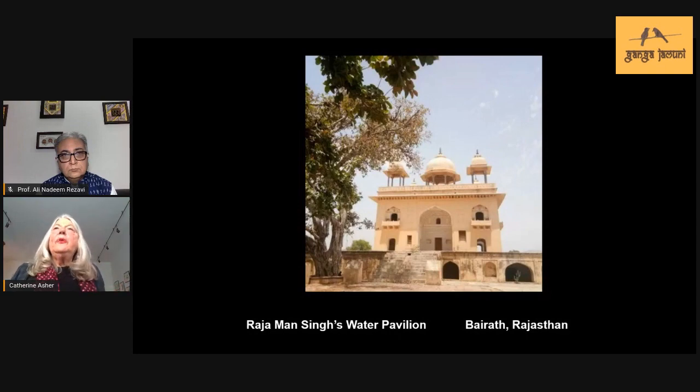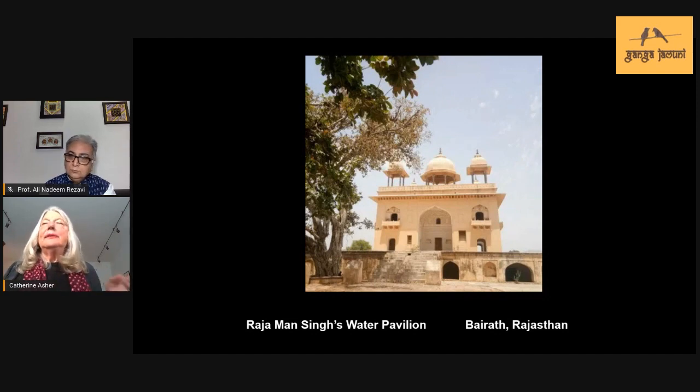He also built a water pavilion in Bairat in Rajasthan, which was a major stopping point on the crossroads between Amber and the Mughal capitals. Today, the whole water pavilion part is not evident, but as you can see, it's very similar to the water pavilion that we saw in Narnaul, which is also, as you recall, very similar to what we saw at Fatehpur Sikri.